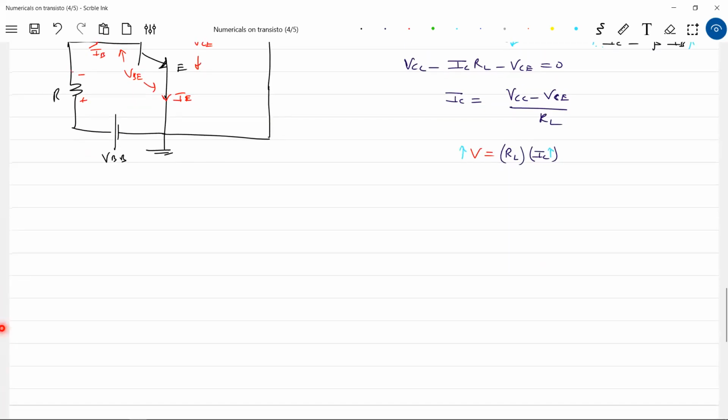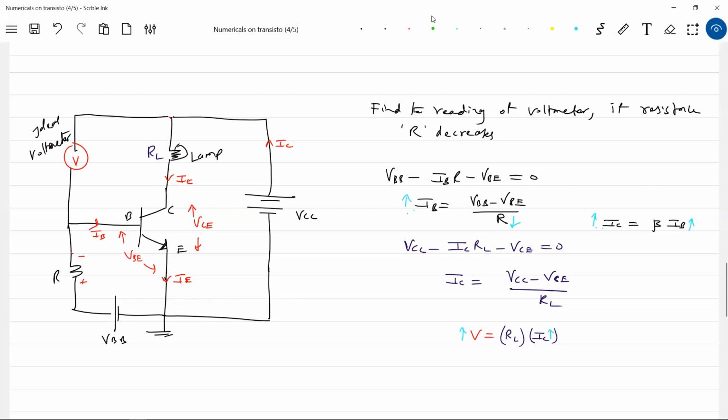Sir, V will be RL into IC plus VCB, no, sir. Which one? This here only, sir, that red V. V equal to RL into IC plus VCB for that loop. Oh, you mean to say VCB also will come into the picture?